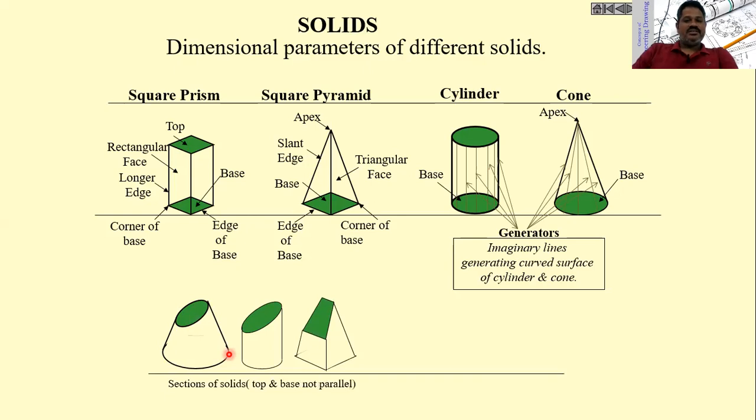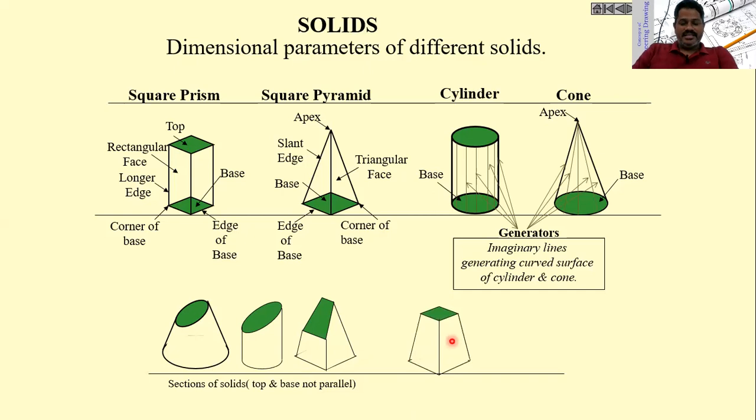That means when the section plane is not parallel to the base, the top and bottom faces are not parallel, so we get some inclination. These two are not parallel. So these types of solids are called the sections of solids. That means making a section of a solid which is not parallel to the base is called the sections of the solids.